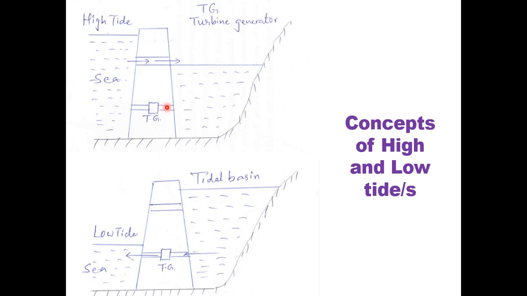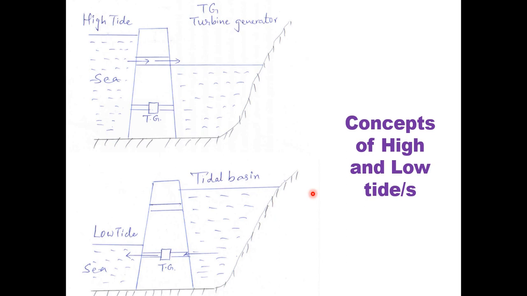So if you consider this, during high tide the basin has to fill. During low tide, the turbine generator set has to operate and the basin will empty. At that time the sluice gate is closed. This is one way of power generation.